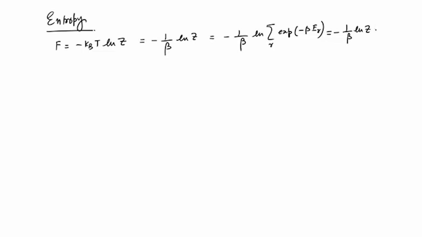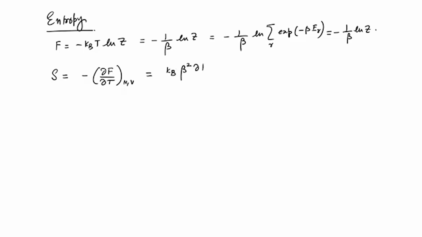If we know the partition function, we can calculate this Helmholtz free energy, and the entropy is obtained as minus del F del T at constant number of particles and volume, and this is equal to k beta square del F del beta.